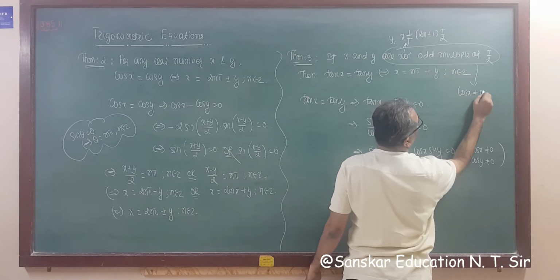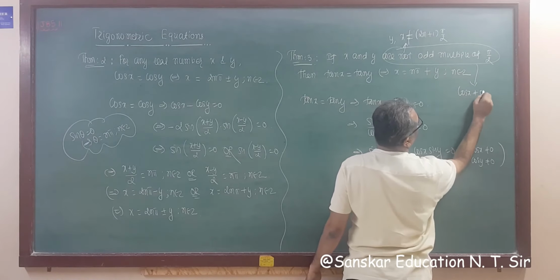Now this is the formula for sin(a minus b): sin a cos b minus cos a sin b. So this is sin(x minus y) is equal to 0. So the set of zeros for sine is theta is equal to n pi. So in all three formulas, you have the set of zeros of sine, and you have to apply that.